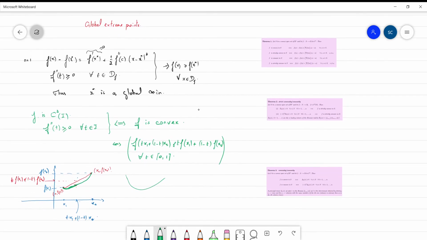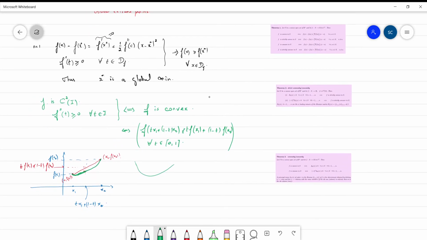And similarly, this idea is extended to functions of several variables. So we give the definition of a convex function as this one. The only thing that is different, the values are not real, they are taken at vectors.